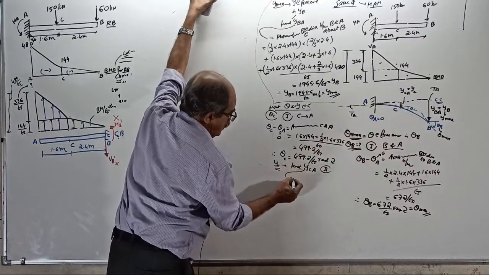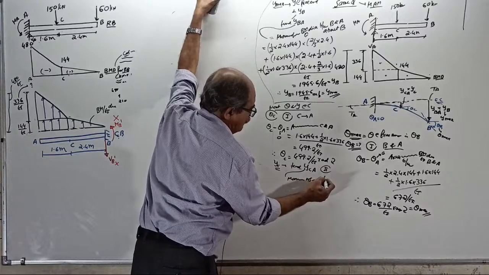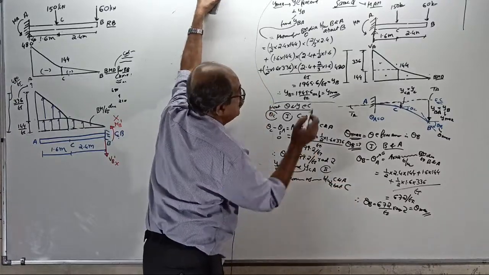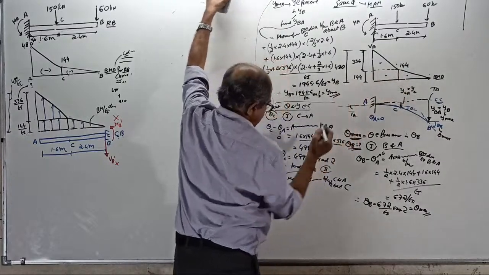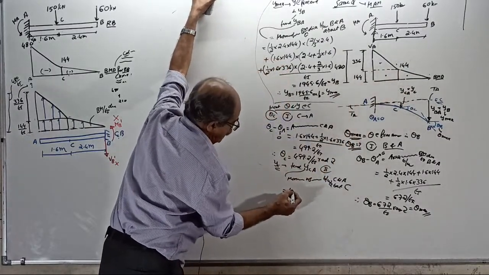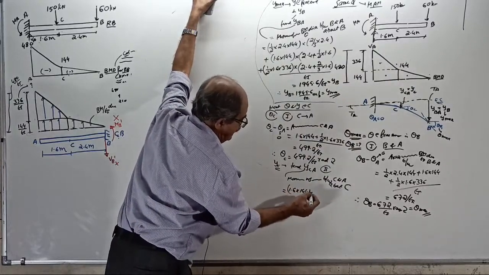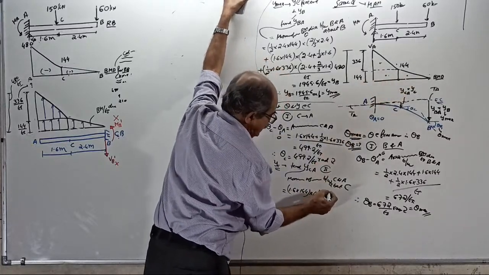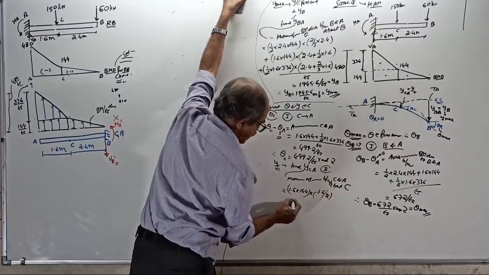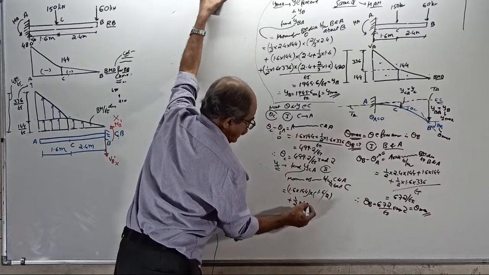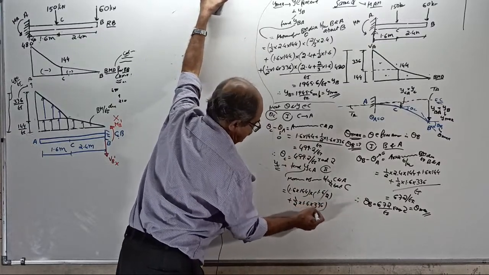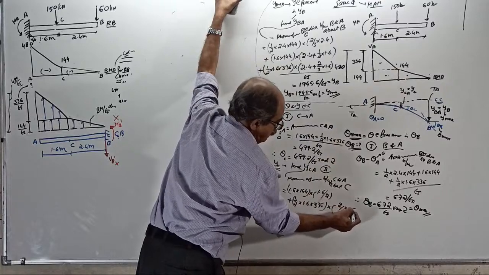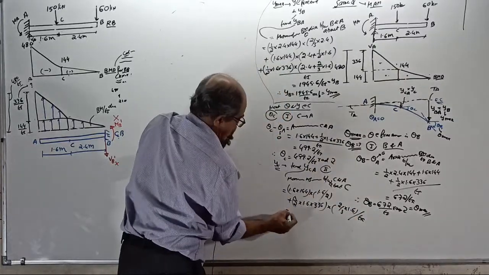So YCA equal to moment of the area of the BM by EI diagram between C and A about C equal to rectangle 1.6 into 144 is the area into distance of CG, into 1.6 by 2, plus another half into 1.6 into 336 is the area into 2/3 of 1.6. Answer full divided by EI. My trick.